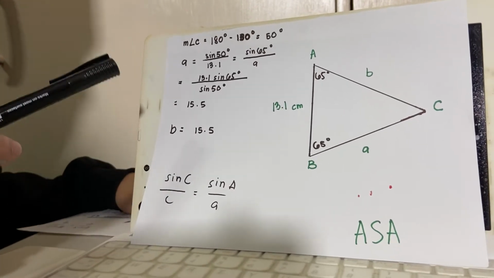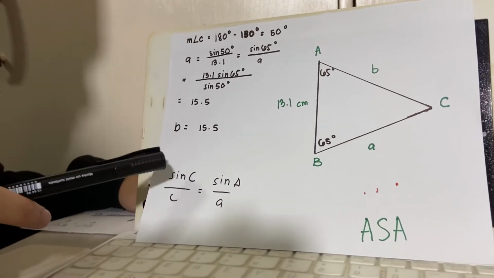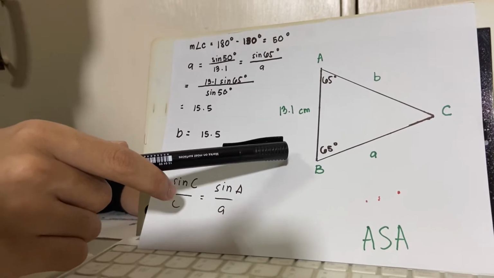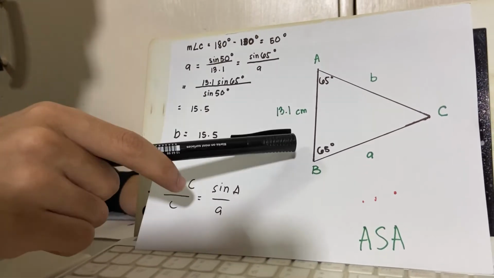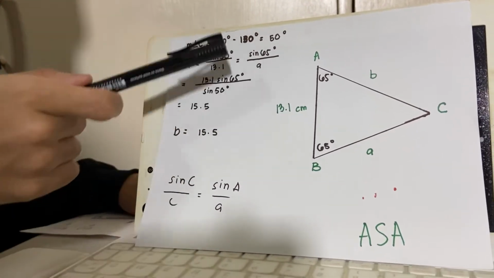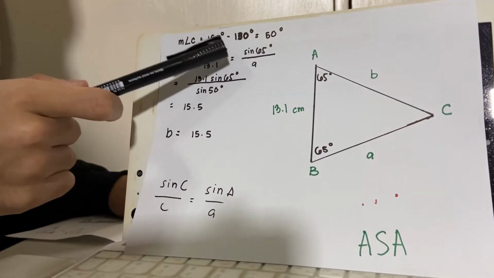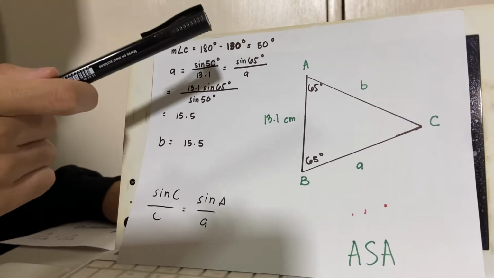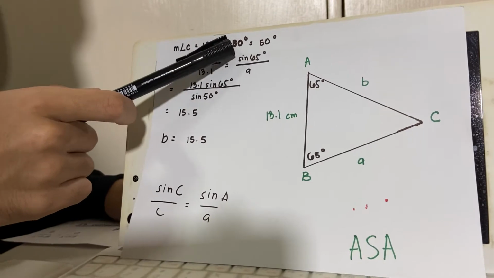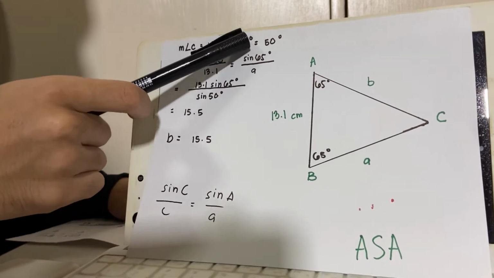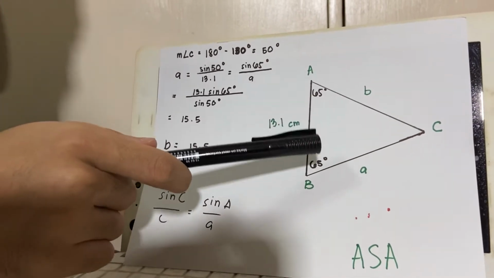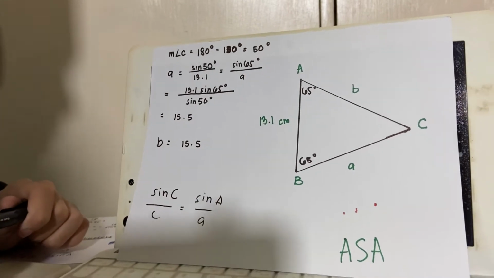Remember, the sum of a triangle is 180 degrees. We already have 2 of these angles. So we add them, 65 plus 65 is equivalent to 130, and 180 minus 130 equals 50. So the measure of angle C is 50 degrees.